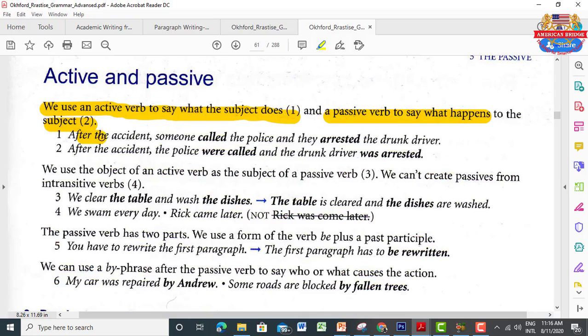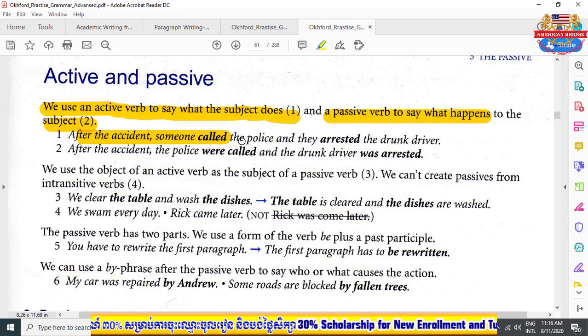So, after the accident, someone called the police, and they arrested the drunk driver. This is the active voice.